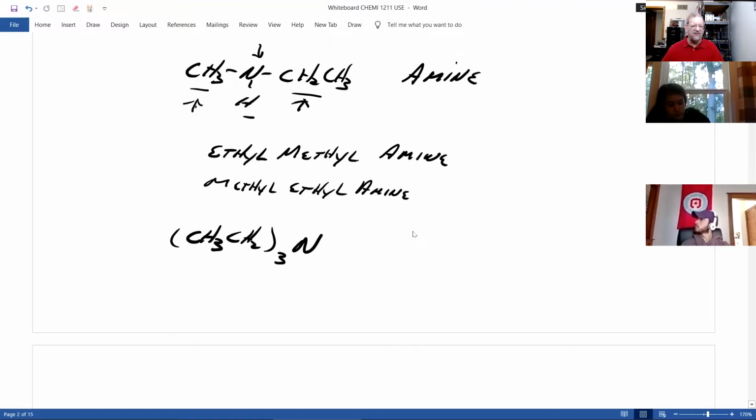And why don't you try this one? What would be the common name of that molecule?